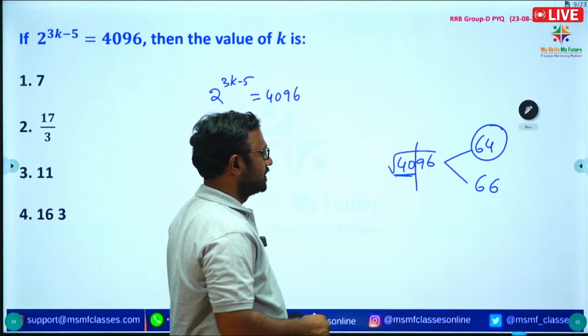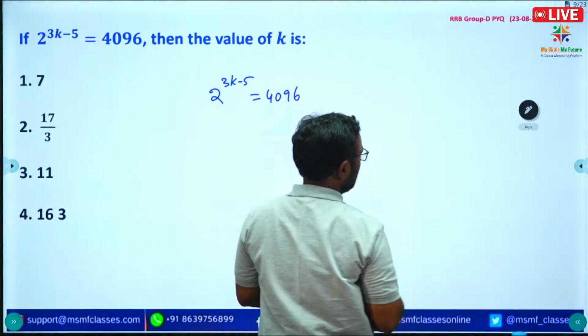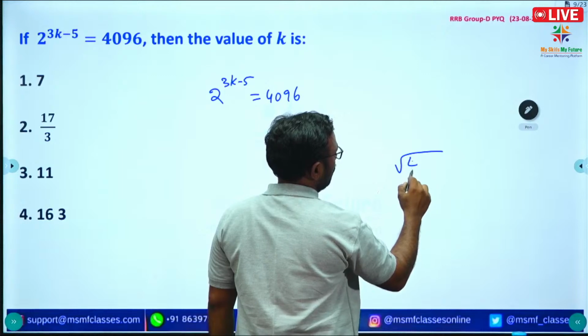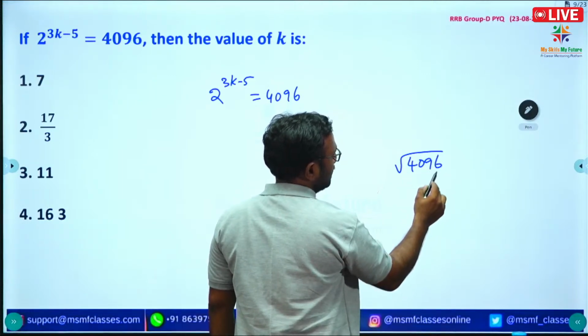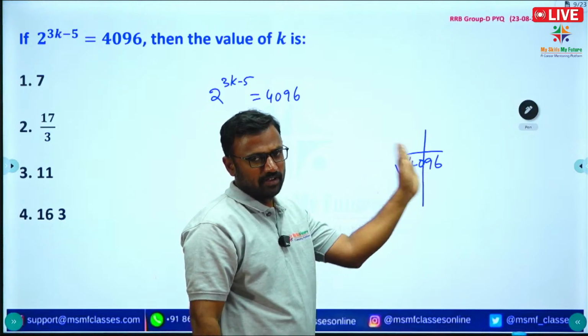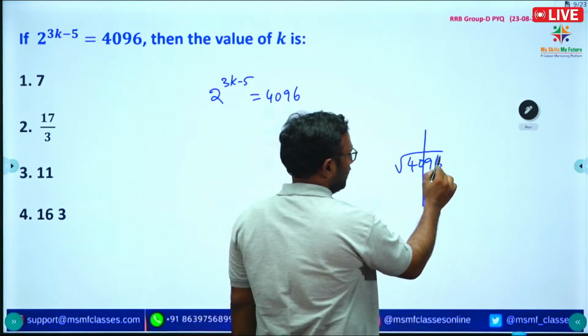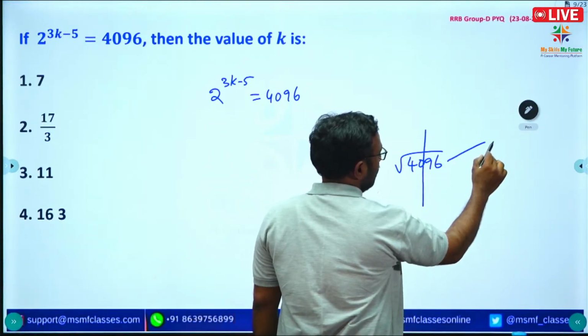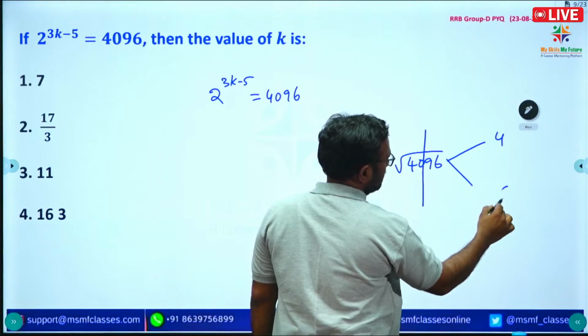Once again, see here. Root 4096: first divide the number into two parts, or divide off the last two digits. The number ends with 6, so it is 4 square or 6 square.